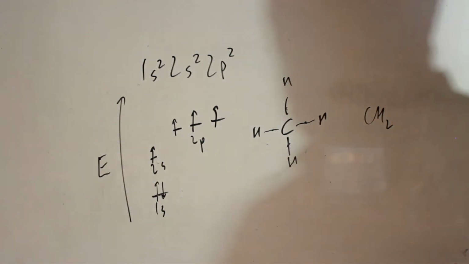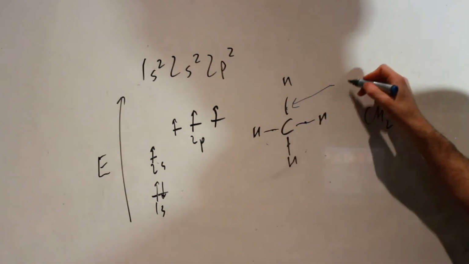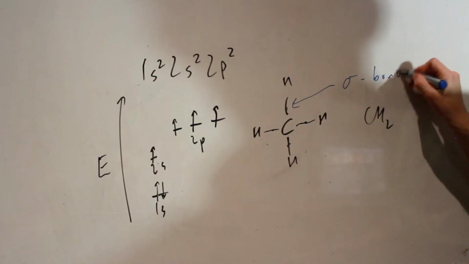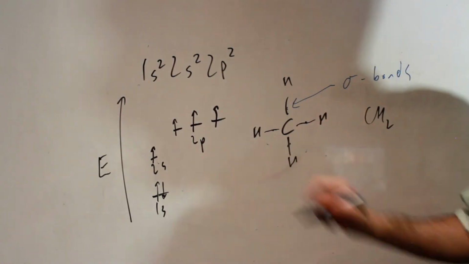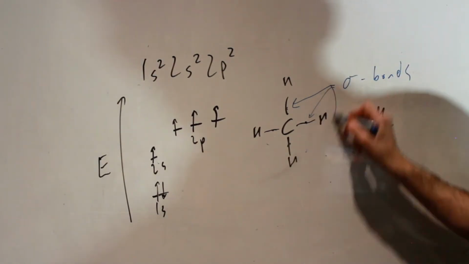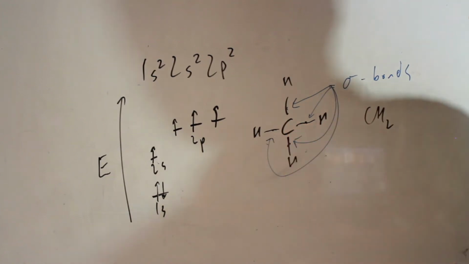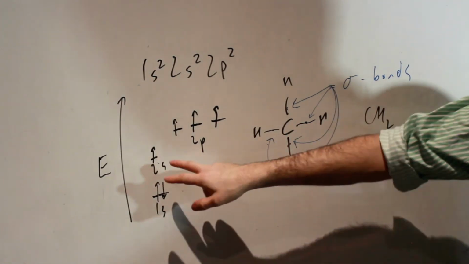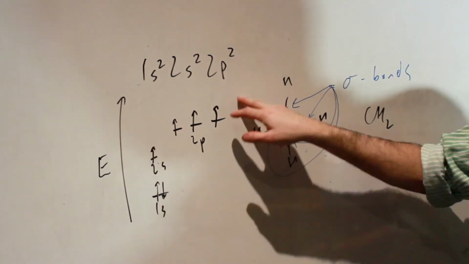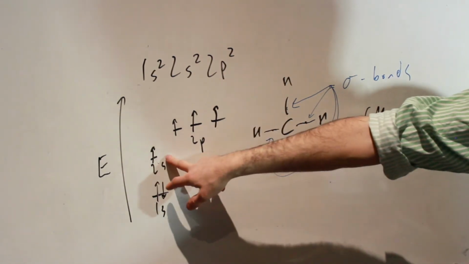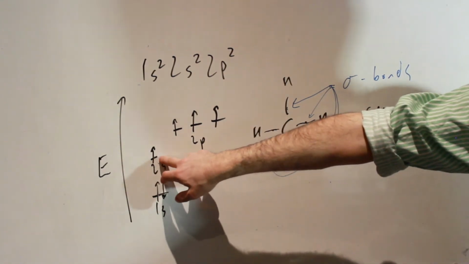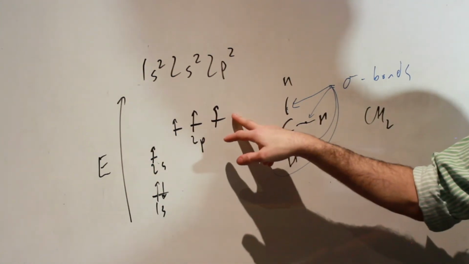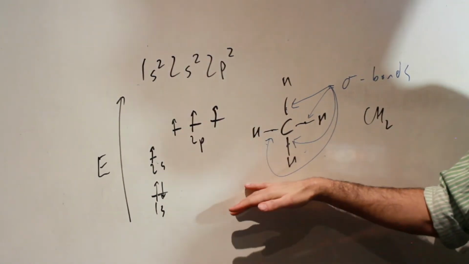However, the problem here is that I've told you these are sigma bonds, and all of these bonds are equivalent. This is a sigma bond, this is a sigma bond, these are all sigma bonds. However, if we were to make bonds with this sort of conformation, well, this electron pair here would be at a lower energy than this one here, and that wouldn't be reflected like this.